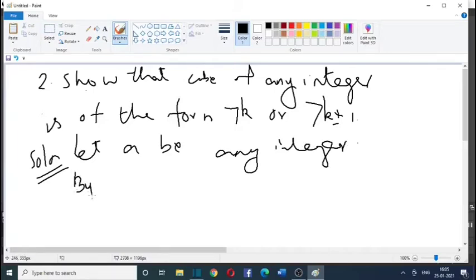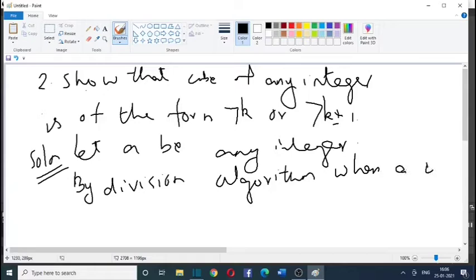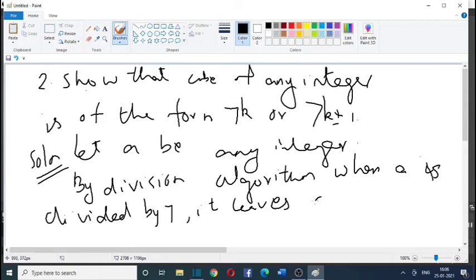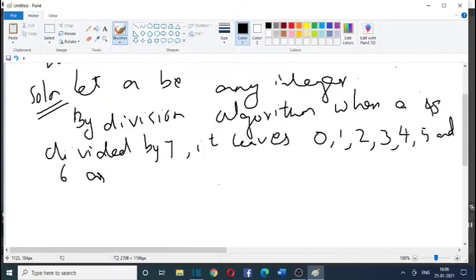By division algorithm, when a is divided by 7, it leaves 0, 1, 2, 3, 4, 5 and 6 as remainders.